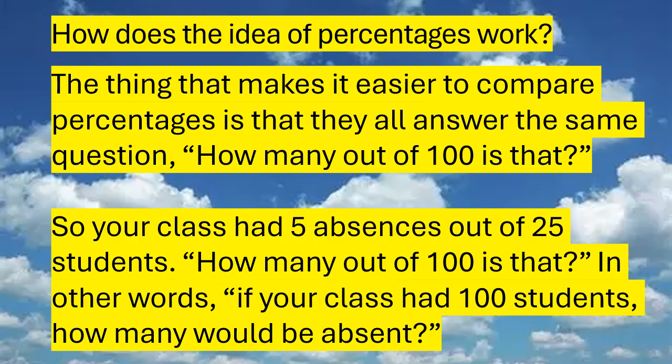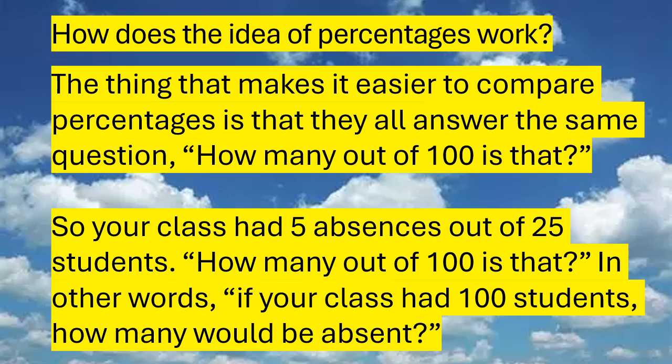How does the idea of percentages work? The thing that makes it easier to compare percentages is that they all answer the same question. How many out of 100 is that? So your class had 5 absences out of 25 students. So how many out of 100 is that?